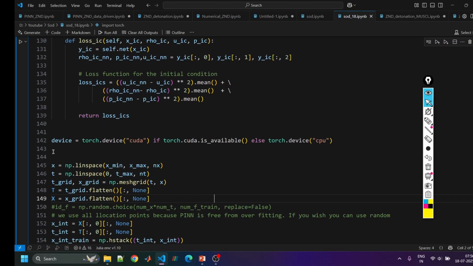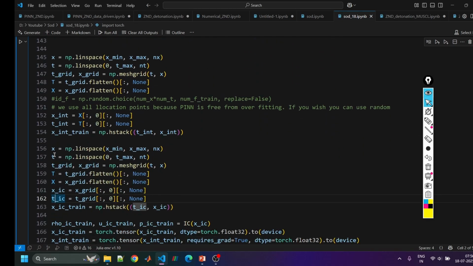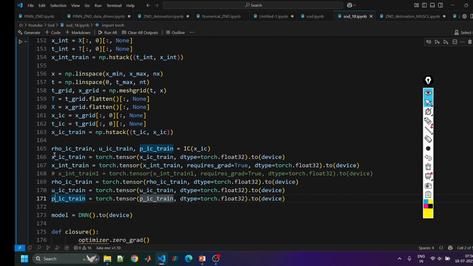In PyTorch, we have to specify the device, whether it's CUDA or CPU, but in TensorFlow it's not required. This is the collocation points that we have defined over the domain, and the initial condition over the domain. You can also use Latin hypercube sampling.